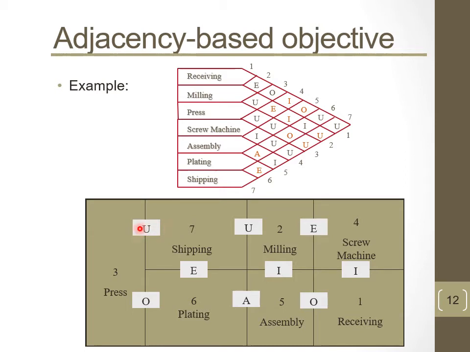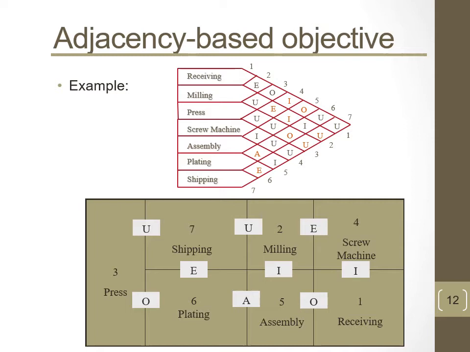These are adjacent and their relationship is U. Similarly, 3 and 6 are also adjacent because they share a common side, and we look at their relationship. This is 3, this is 6, and the intersection is O. So it's ordinary important. 6 and 7 are adjacent because they share a common side, and 6 and 7 have an E relationship. So we place an E to this adjacency.